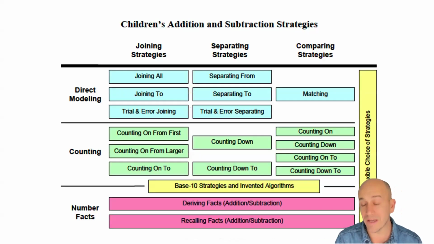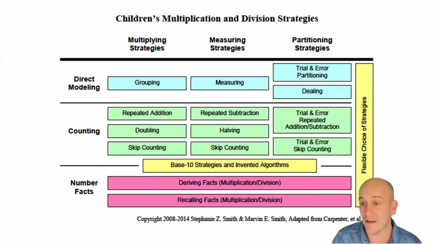Then on the following page, on the flip side of this document, you'll see that there are a set of common strategies when kids are allowed to solve the problems on their own in a number stories classroom or a CGI classroom that they typically use to solve them in increasing levels of sophistication for joining, separating, comparing, multiplying, and dividing scenarios.